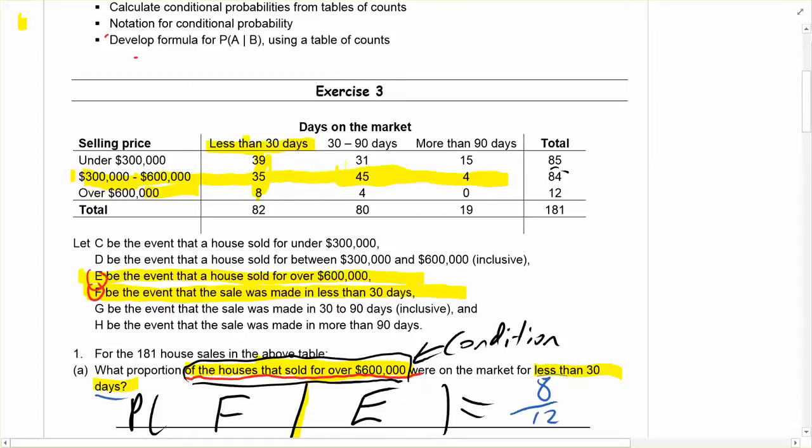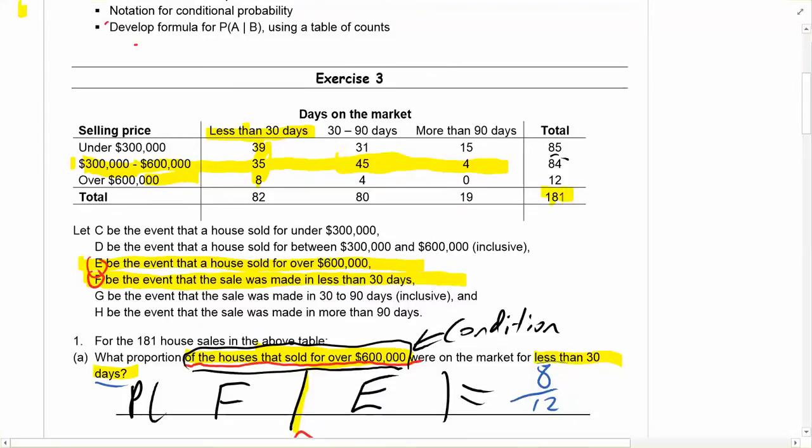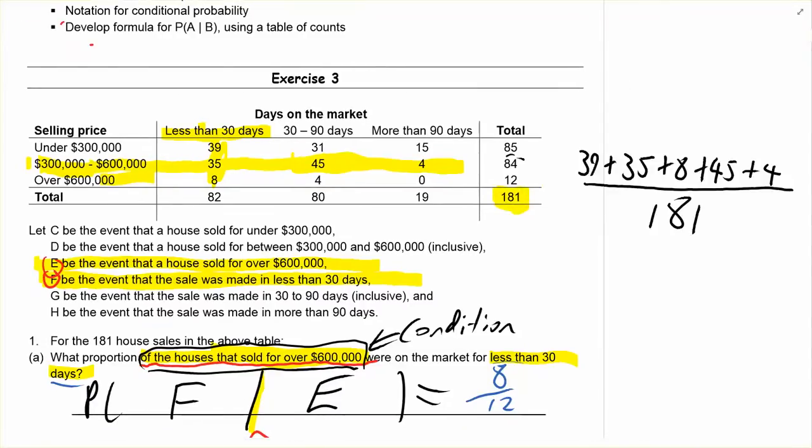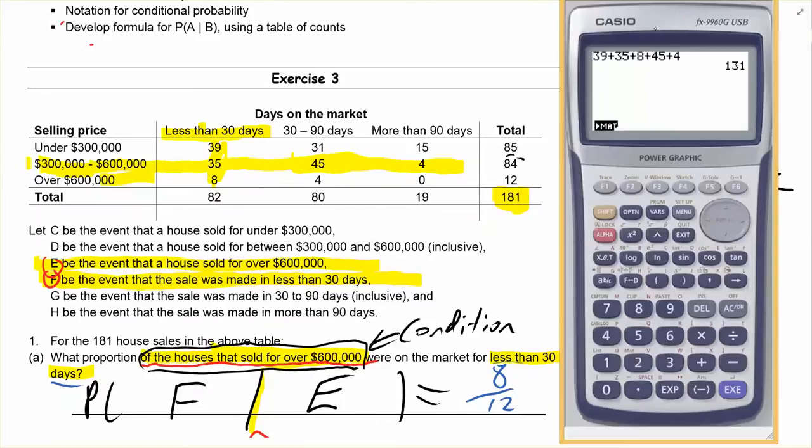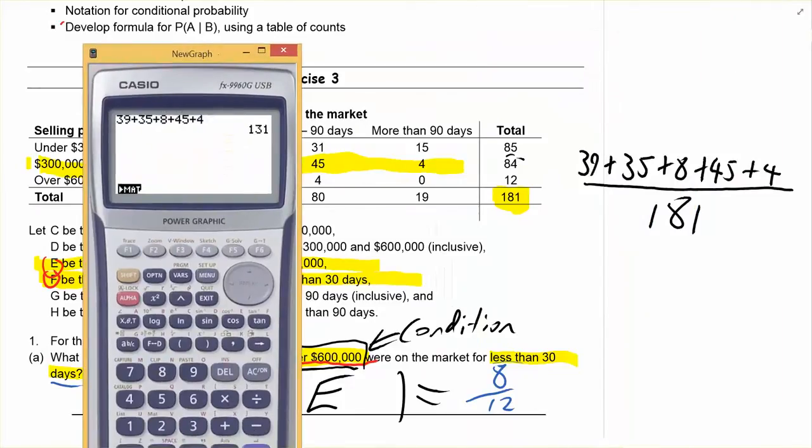Well, what we do is we add up all of the numbers that are in either of those situations. So 39, 35, 8, 45 and 4. We have to add those up, and then it's going to be out of what? Well, it's going to be out of 181. So let's grab the calculator. So 131 out of 181.